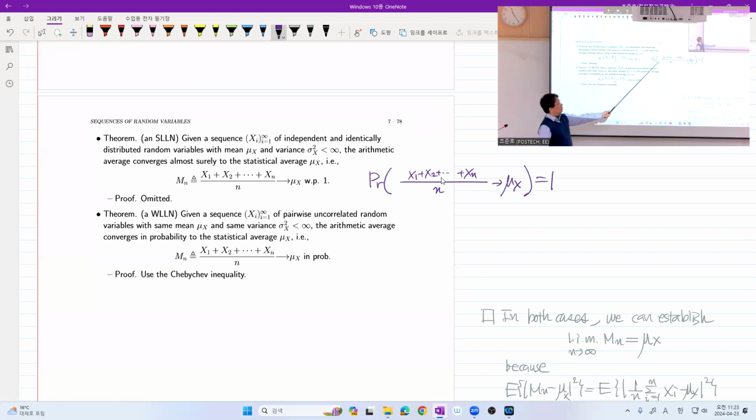Of course, this is an abuse of notation. And also, we may need something like that. So some people love what? Probability of the event. This is an event. What event? Such that what?